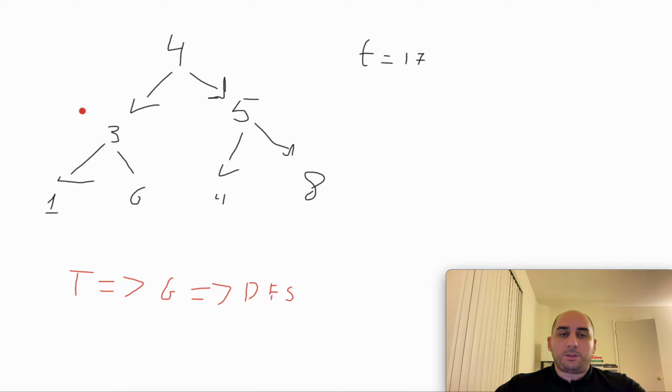For example, let's go on this branch. It's not equal to 17, it's equal to 8, so we are not taking this one. On this one it equals 13, so also not qualified. This one equals 13 again, not qualified.